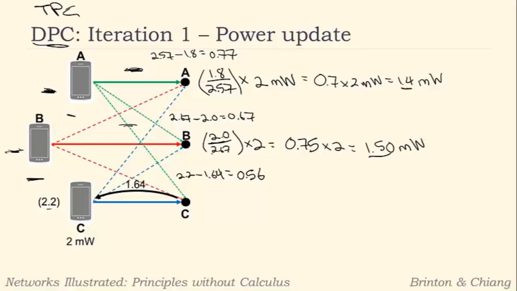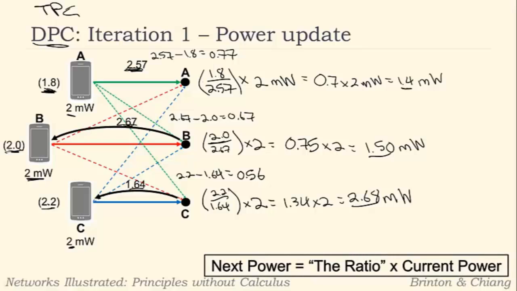We do the same equation again, where we take where we want to be divided by where we are right now, which is 2.2 divided by 1.64. But notice now that this quantity is greater than 1 rather than less than 1. We multiply that by the current transmit power, so this transmit power is going to go up. It's 1.34 times 2, which gives us 2.68 milliwatts. And notice now that this is higher than this because this was too low, so we're boosting that power level now.